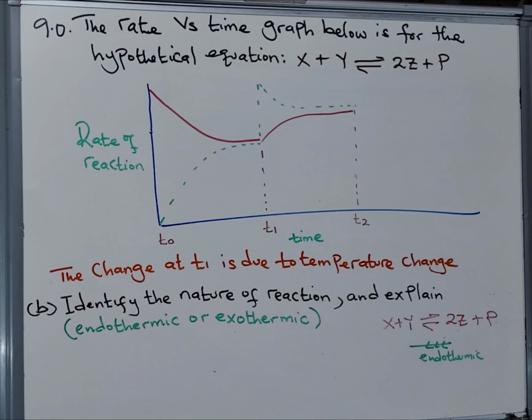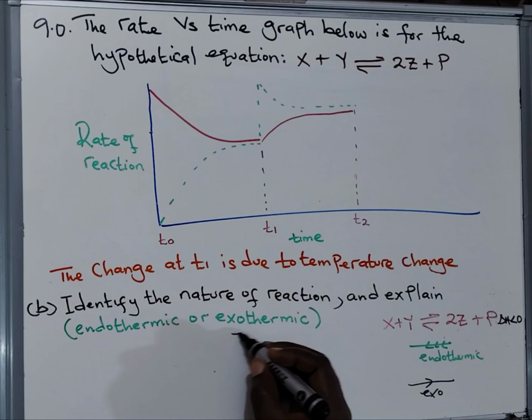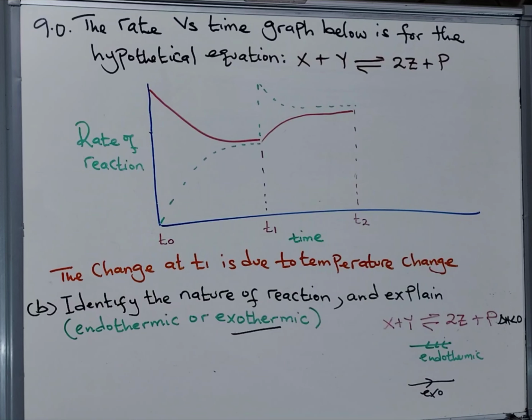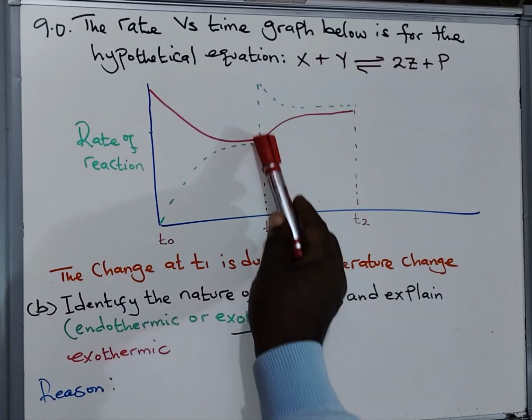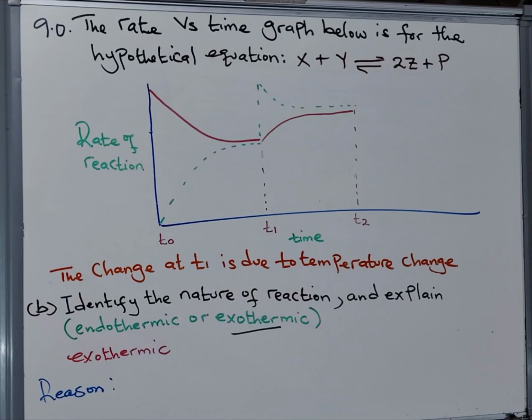So if reverse is endothermic, it means that forward is exothermic. And our nature is given by the forward, so the enthalpy change will be less than 0, meaning exothermic. So what is the answer? Exothermic. And what's the reason? The reason is that rate increased and reverse is favored.